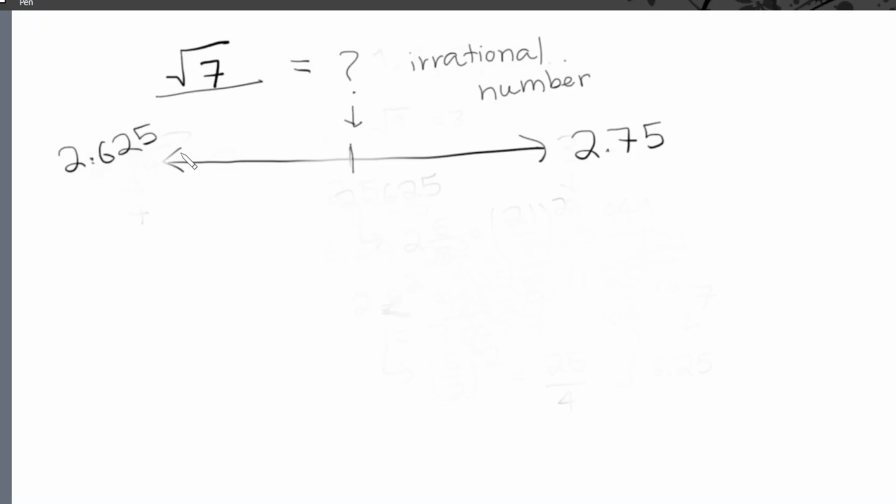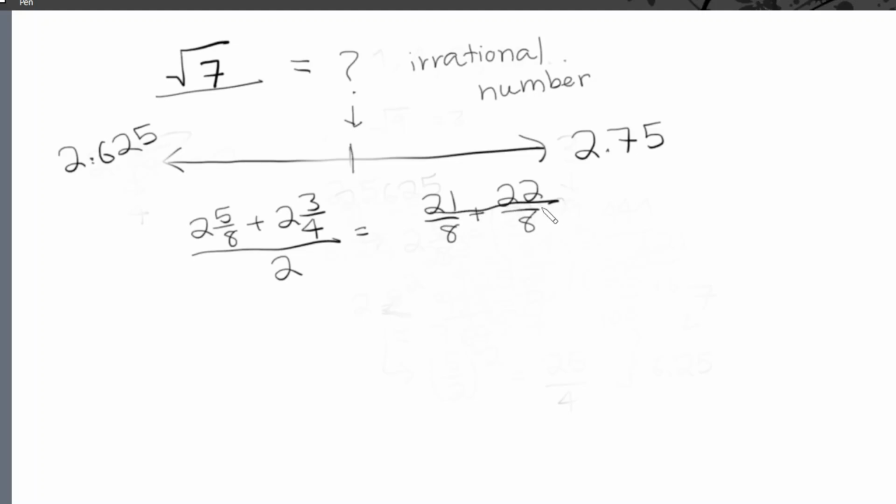And again, we can take the average of these two bounds. So we have the average of 2 and 5/8 and 2 3/4, which is the same thing as 21 over 8 plus 22 over 8, which is just 43 over 8.